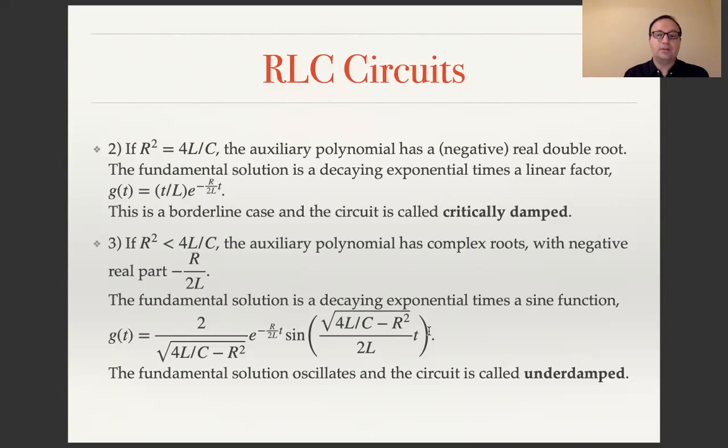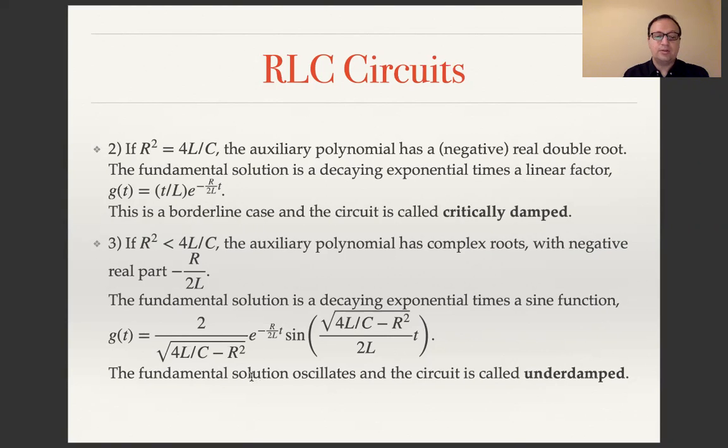This is what you get by solving the quadratic equation and by applying the inverse Laplace transform to 1 over the auxiliary polynomial. So we get this expression for the fundamental solution.